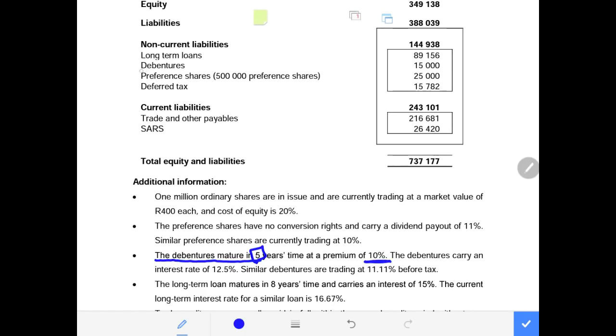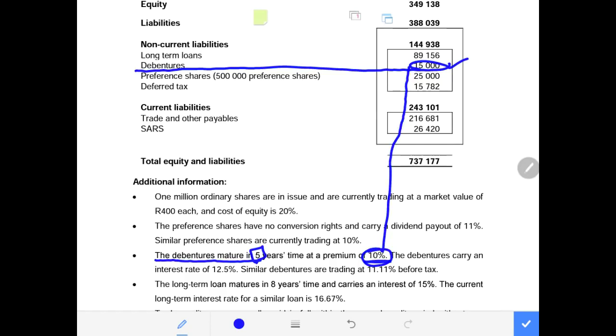Remember, if you look in the financial statements, we have debentures of 15,000 rands, meaning for us to have this 15,000, someone must have bought debentures in our company that were on sale, and that person invested 15,000. Now we have the premium of 10%.